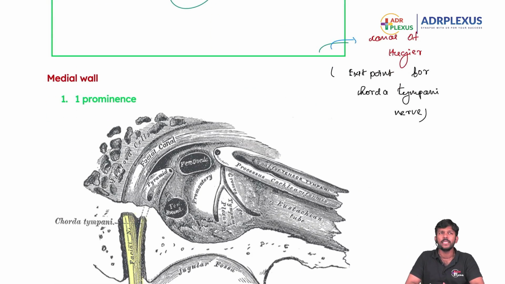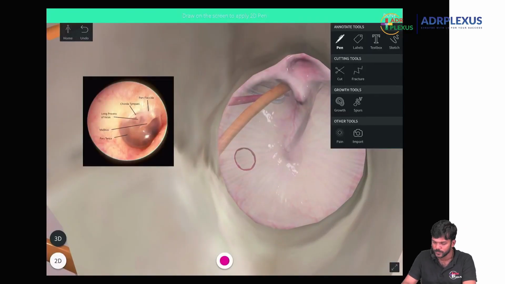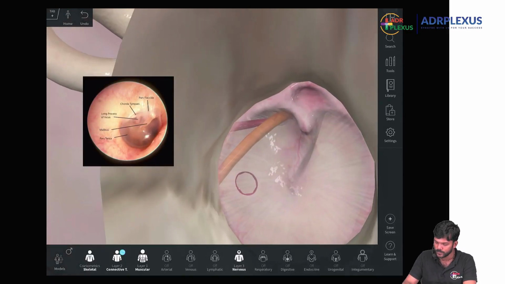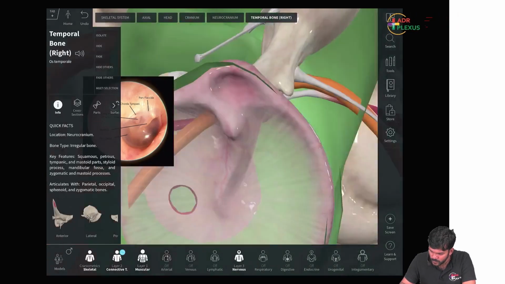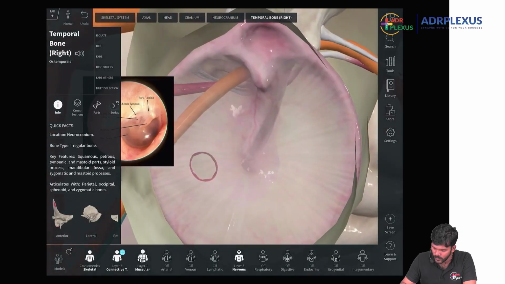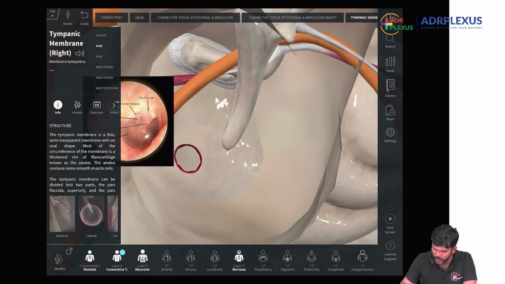Then the medial wall of the middle ear. This is very important. You just have to make a look into it. This is the medial wall of middle ear. Can you look into the middle of middle ear?